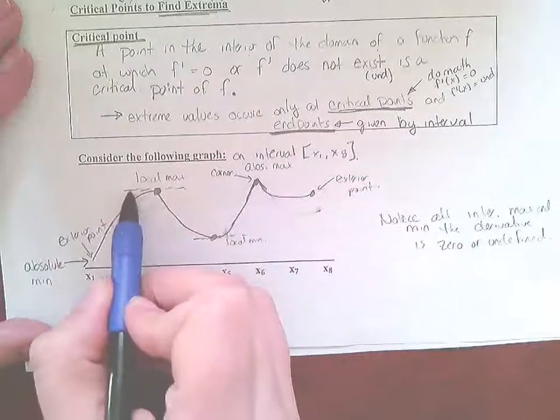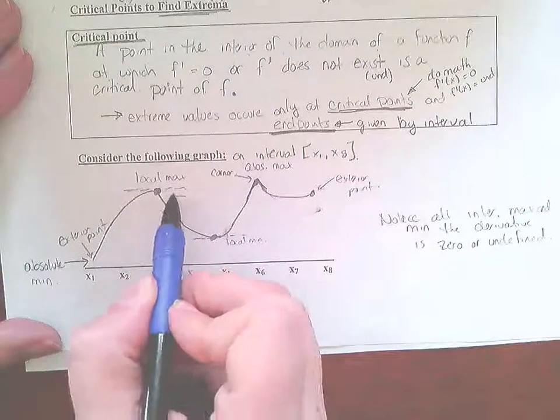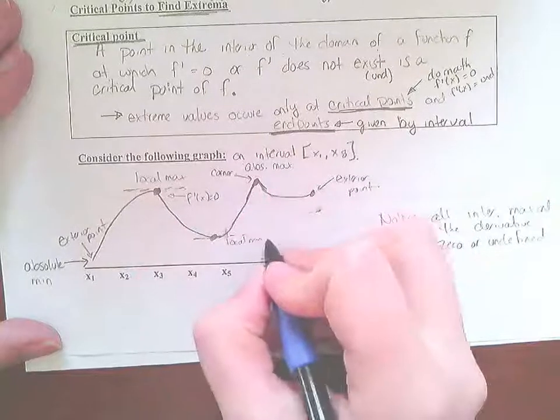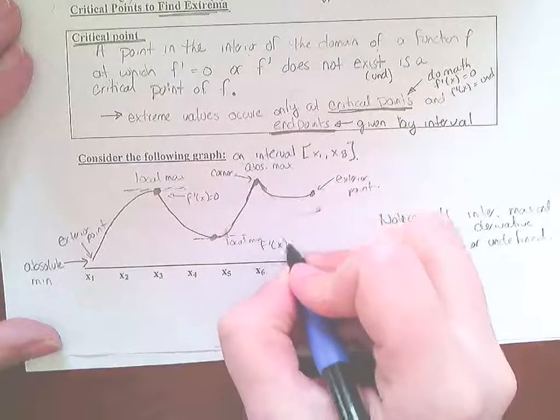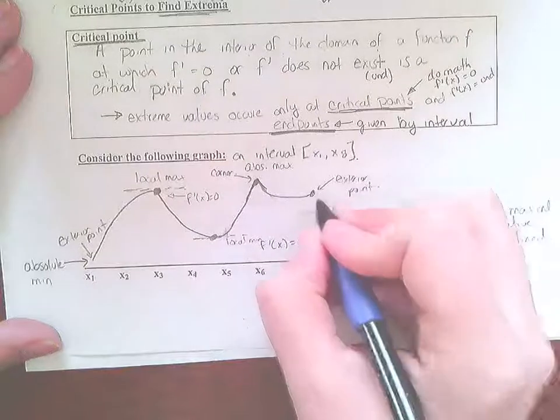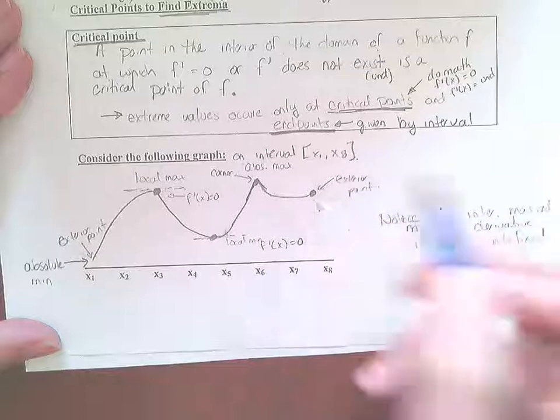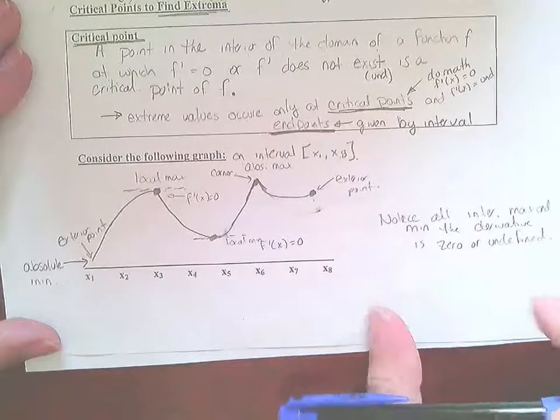We do have a local max. Here the derivative is 0. And we do have a local min, where here the derivative is 0. Now our exterior point is neither a max or a min, and that's okay. So x8 is not a max or a min.